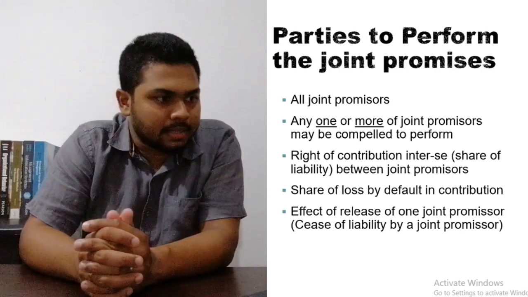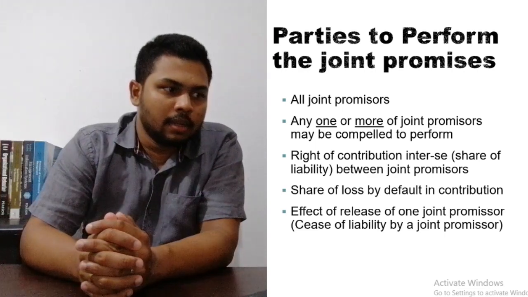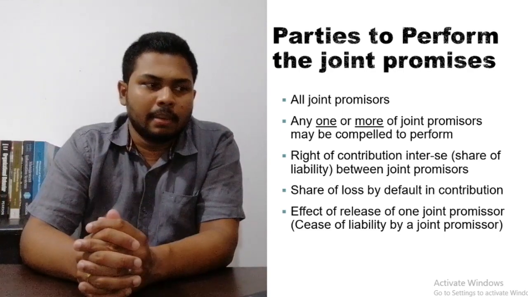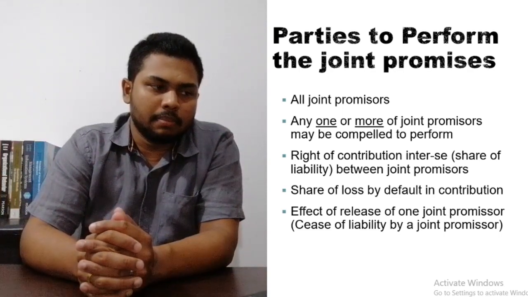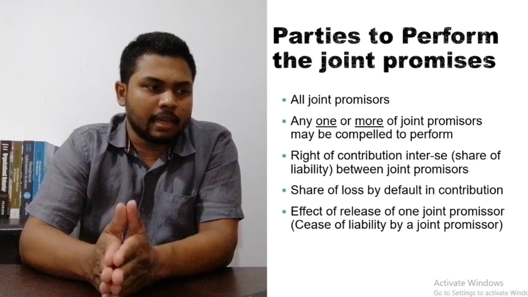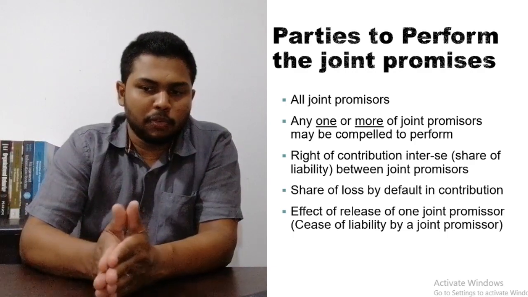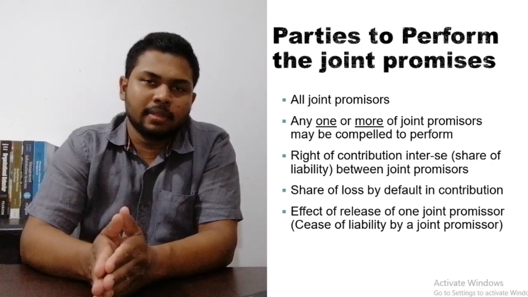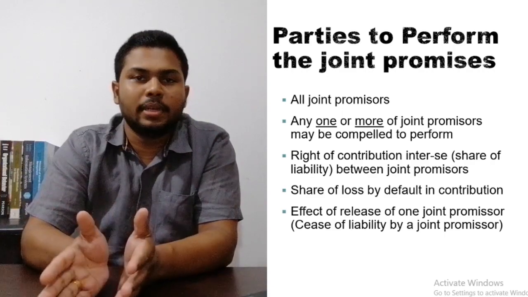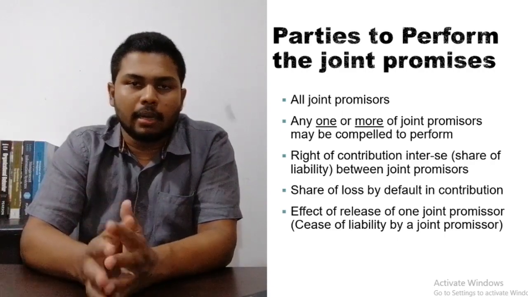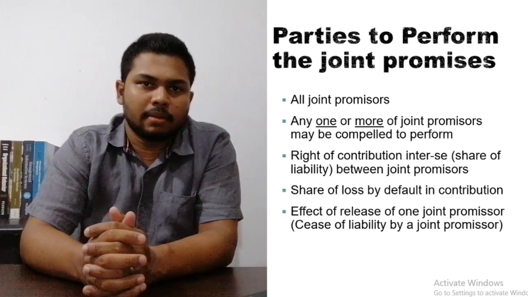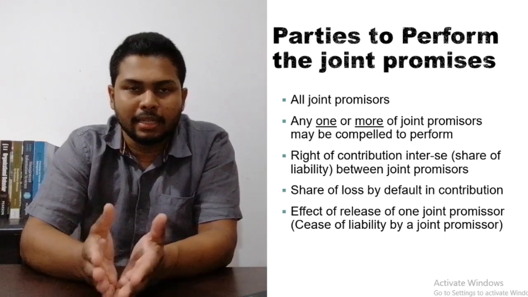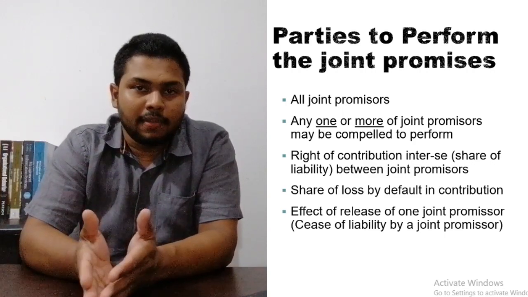Then the next one is the effect of release of one joint promisor. While performing the promise, one person may cease his duties and liabilities under this promise, in case he is not in a position to perform, or for lack of knowledge, or whatever reason.